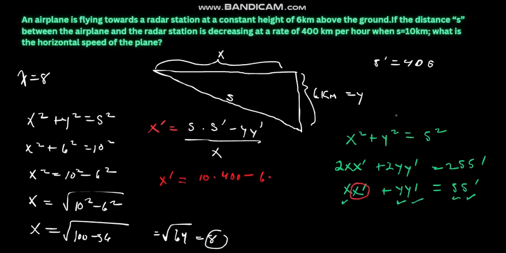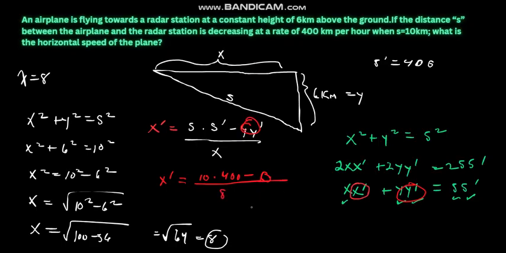So if y is not changing, then that would be 0 here, right? Okay, good. Now that makes that 0, and divide that by 8, and that's our answer.